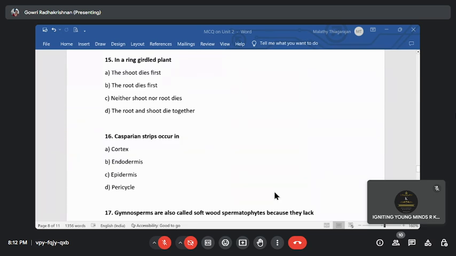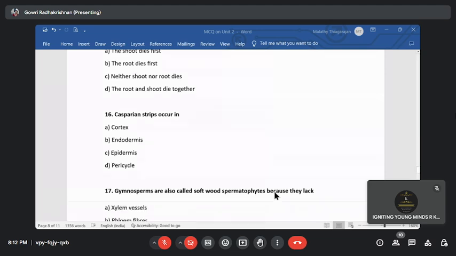In a ring girdled plant, the root dies first. Can you please explain it, ma'am?